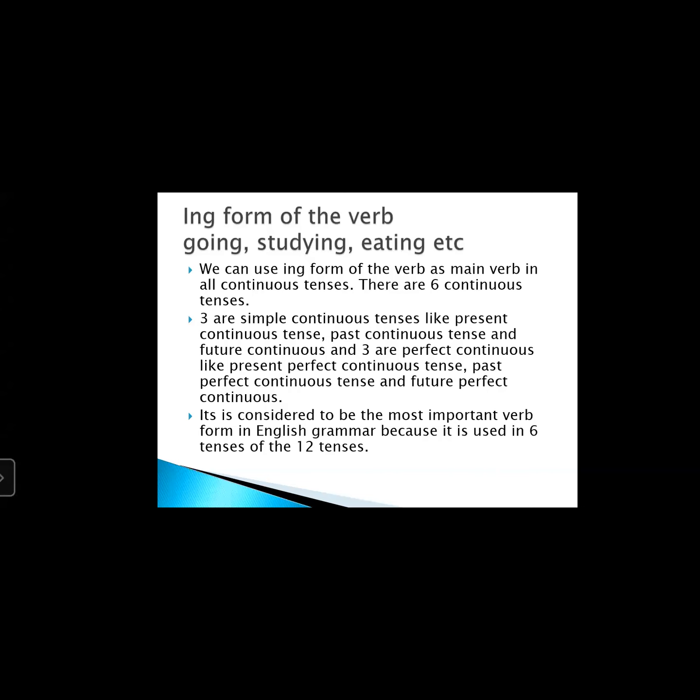And one thing is common in all continuous tenses, and that is their main verb. The main verb of every continuous tense, whether it is present continuous, past continuous, present perfect continuous, past perfect continuous, or future perfect continuous, must be verb ing.